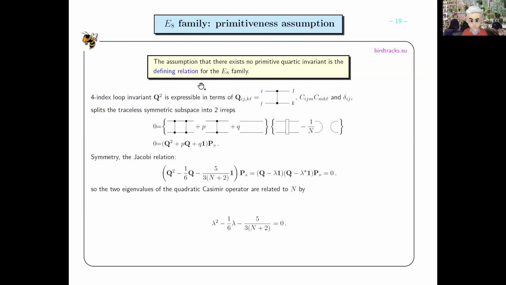If you square this, do it twice, and you do this on the antisymmetric, symmetric subspace, etc. If you do it on the antisymmetric subspace, then the Lie algebra solves it. You end up with a quadratic equation, and that quadratic equation has 2 eigenvalues. And it turns out that for these 2 eigenvalues, you can compute the coefficients, and they depend on the dimension of the group, the capital N.